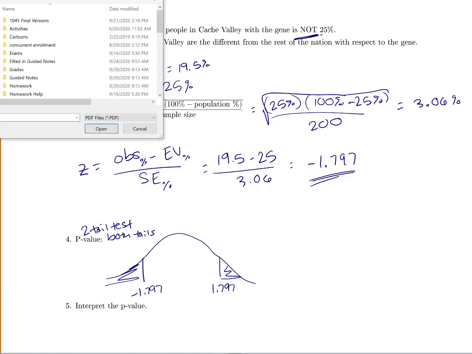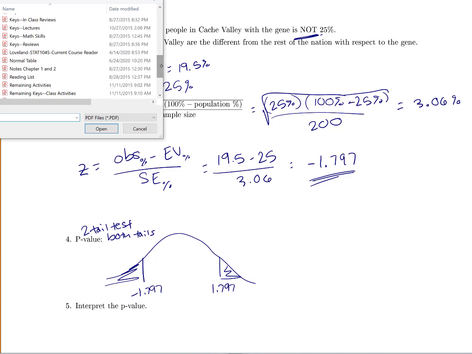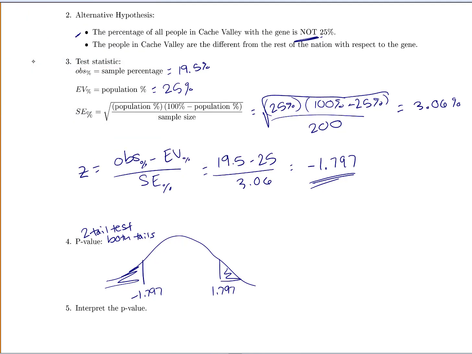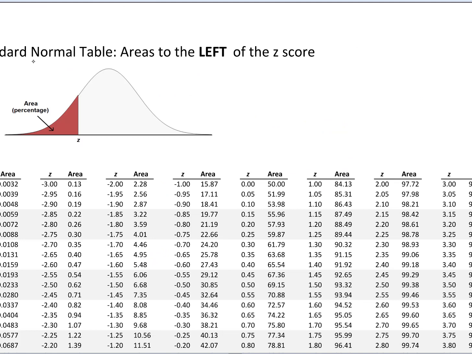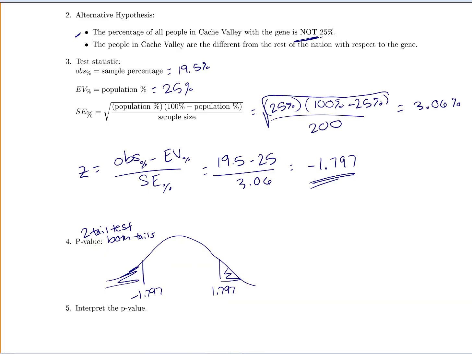Using the normal table, it only gives areas in the left tail, so let's look at that negative 1.8. That will be easier. So Z equals negative 1.80. Looks like the area to the left is 3.59%, which means the area over here is 3.59%.